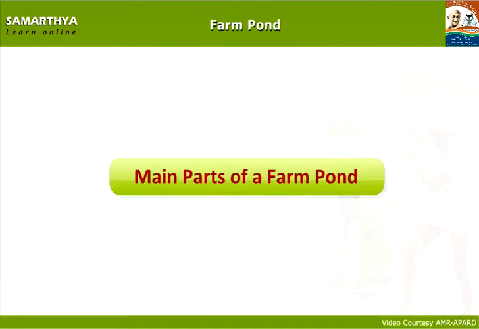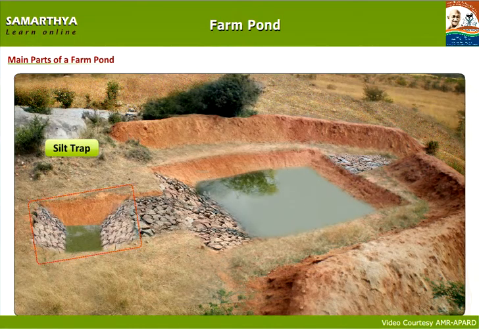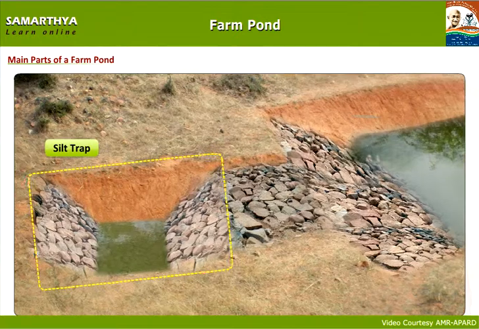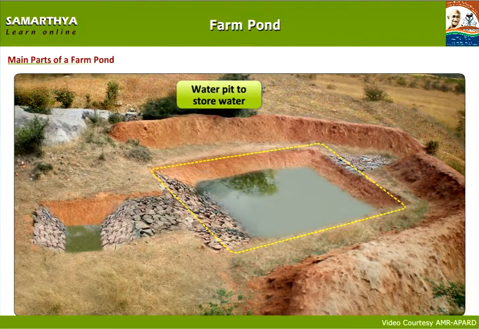Main parts of a farm pond: silt trap at the inlet to prevent inflow of runoff soil. Water pit to store water.